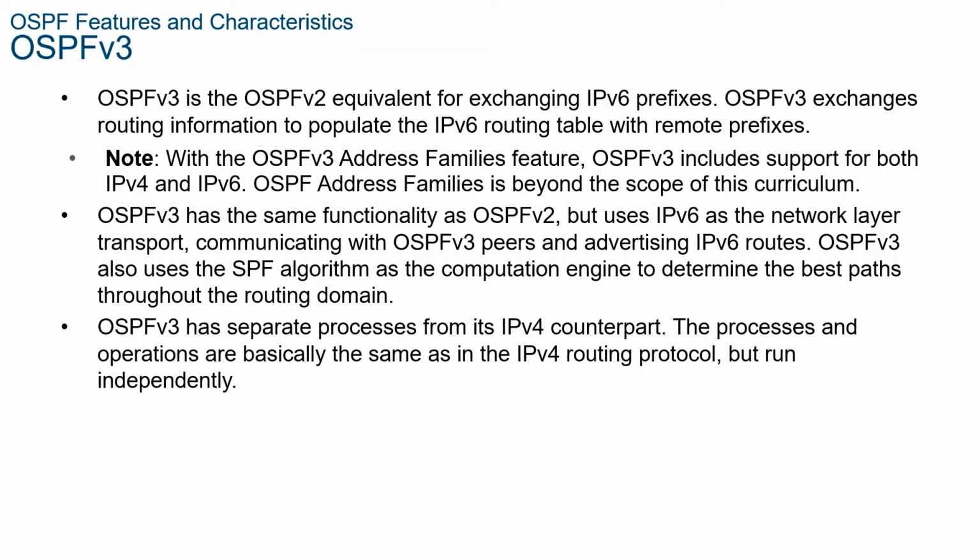OSPF version 2 and version 3 each have separate adjacency tables, OSPF topology tables, and IP routing tables. The OSPF version 3 configuration and verification commands are similar to those used in OSPF version 2.